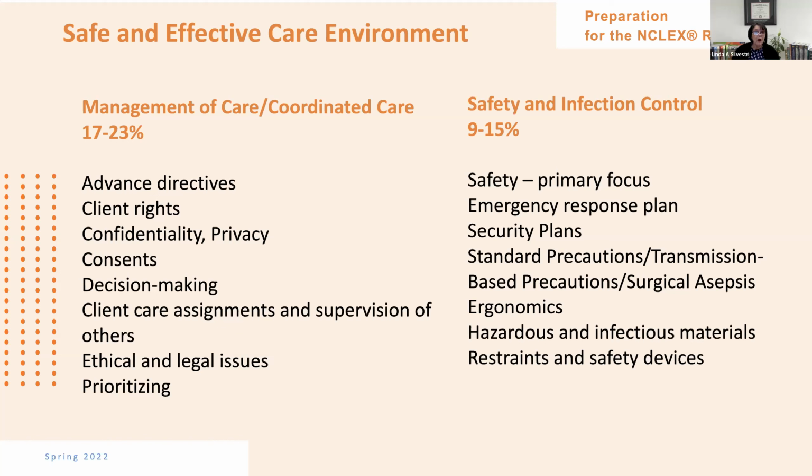You can even go on the Evolve site, and we'll show you this later. You can select leadership and management questions. You can select prioritizing and delegating questions, and all those questions will come up for you to practice, to get very skilled in that area.